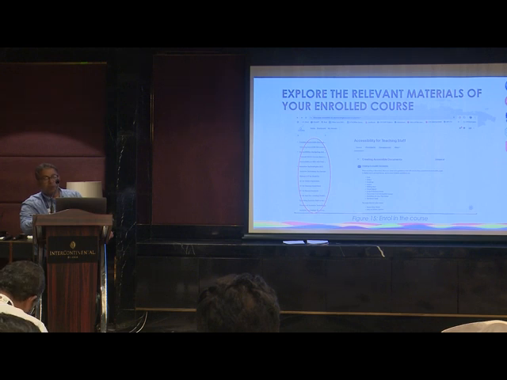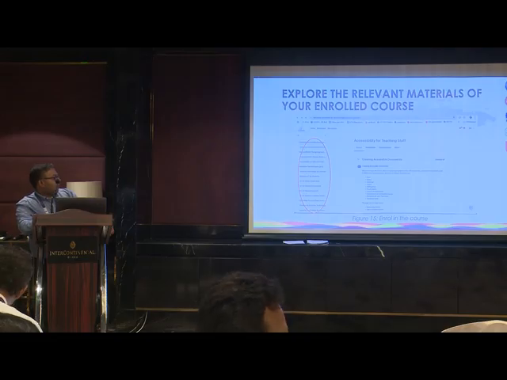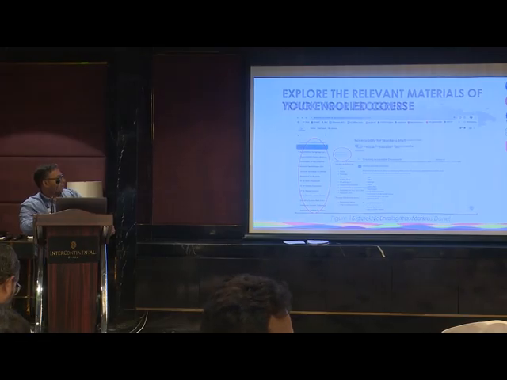So if we have gone through some of the materials, we can keep track of that. All right. So let's say we have selected accessibility for teaching staff, and we can see these, and these are the topics that we have to think about.